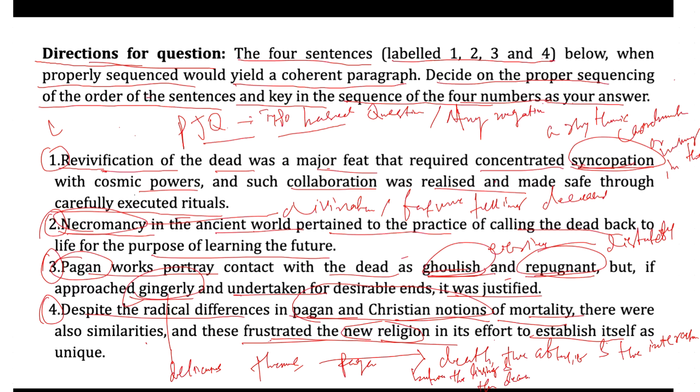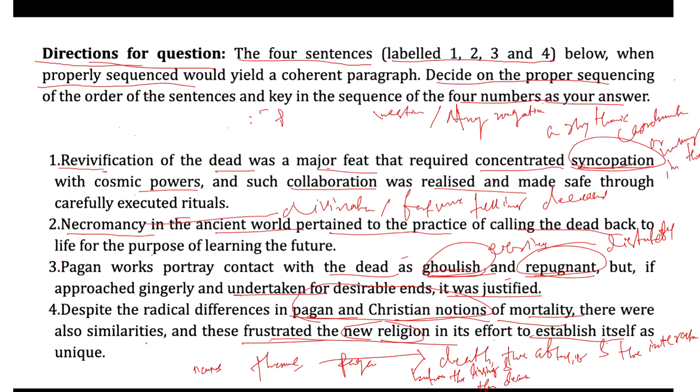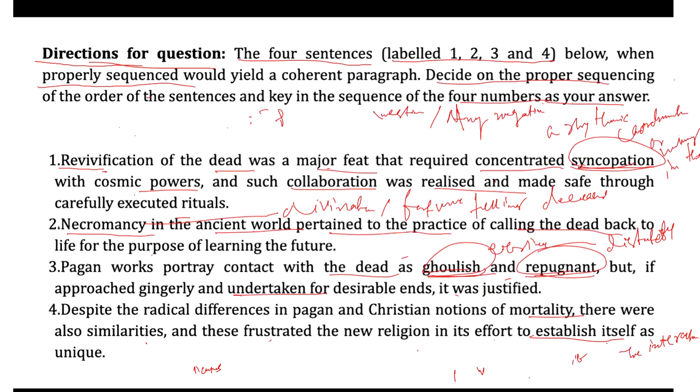Now, let's try to connect each of the statements with the others. If you look into sentence 4, what does it point out? Sentence 4 indicates that despite the radical differences in pagan and Christian notions of mortality, there were also similarities, and these frustrated the new religion in its efforts to establish itself as unique.